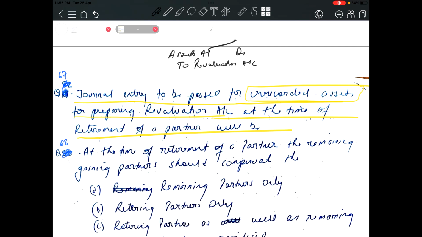Assets are increasing, so debit, and revaluation account is a nominal account: debit all expenses and losses, credit all incomes or gains. So this is a gain, right? Our value of assets is increasing, so this will be the right journal entry: assets account debit to revaluation account, for question number 67.